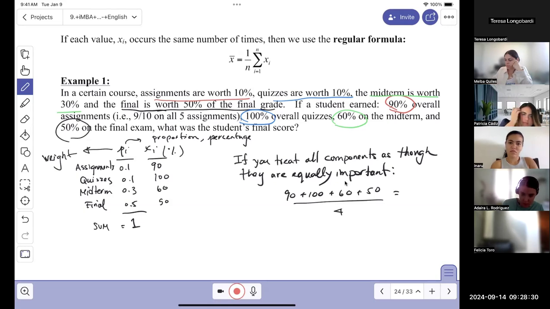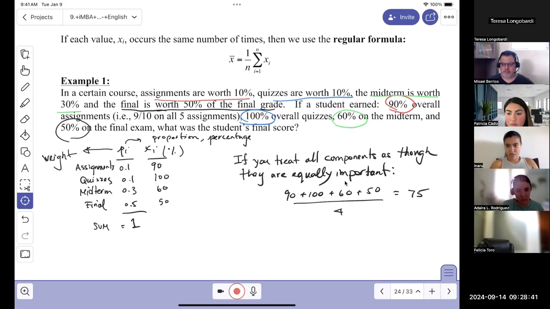And what would you get? You will get 75. Remember, these units were in percent, so you could say 75%. But this is not correct.